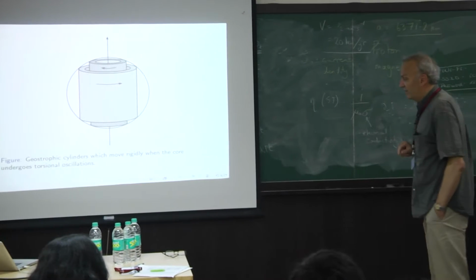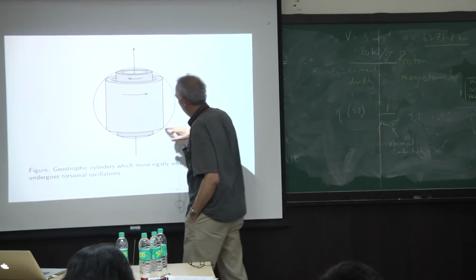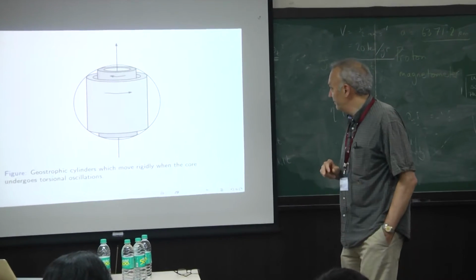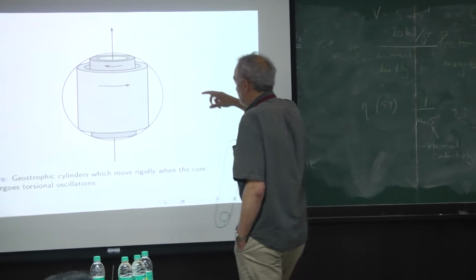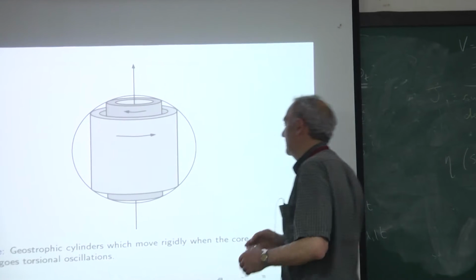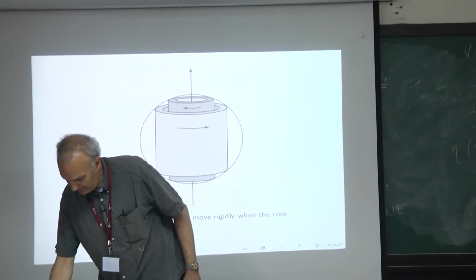Now we can actually image core flows here at the surface of the core, and this all goes back to the... I didn't really prove the Proudman-Taylor theorem, did I?